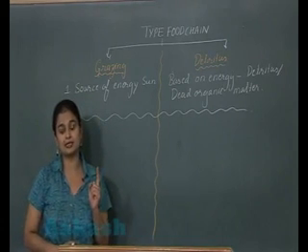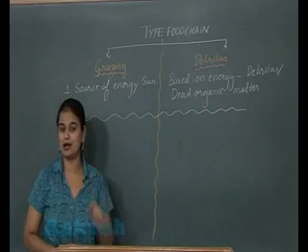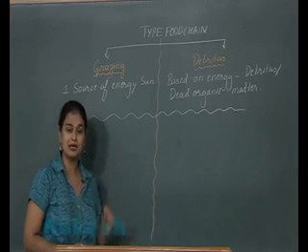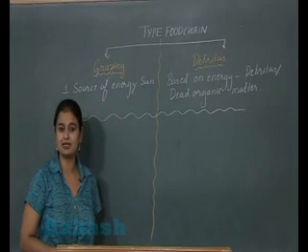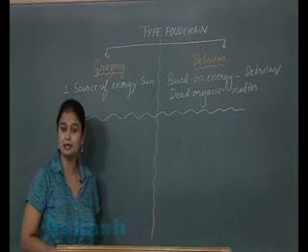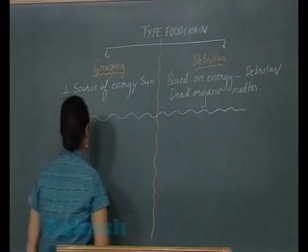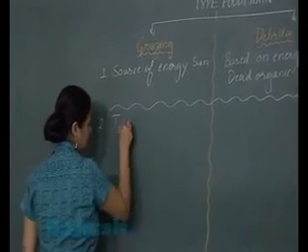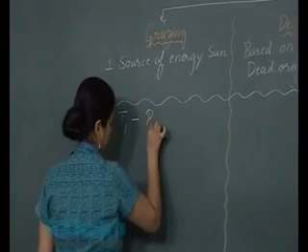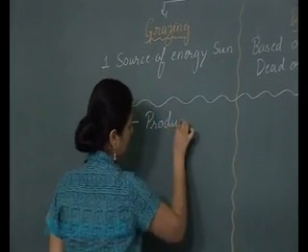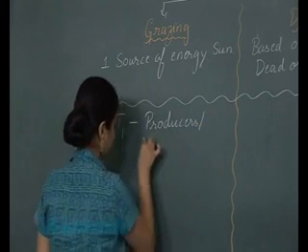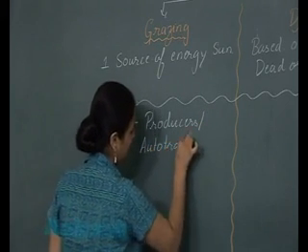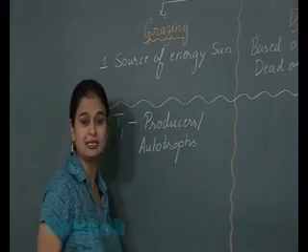The plants. So in the case of the grazing food chain, the first trophic level, T1, is formed by the producers, or you can say by the autotrophs.